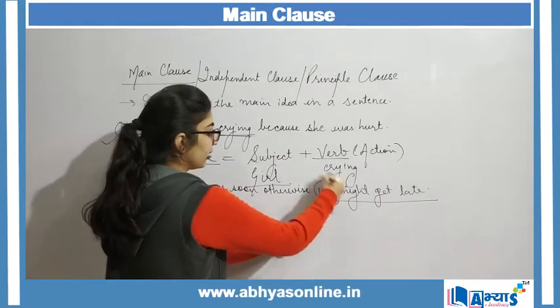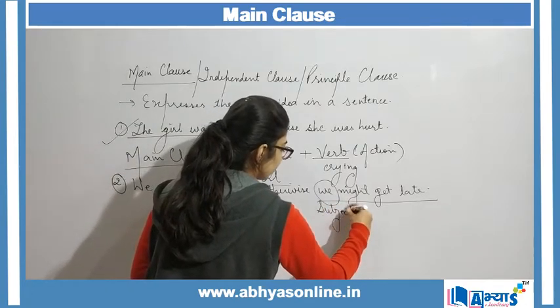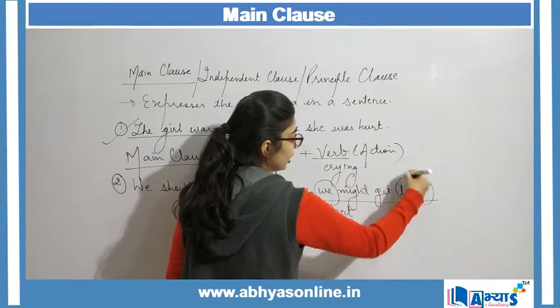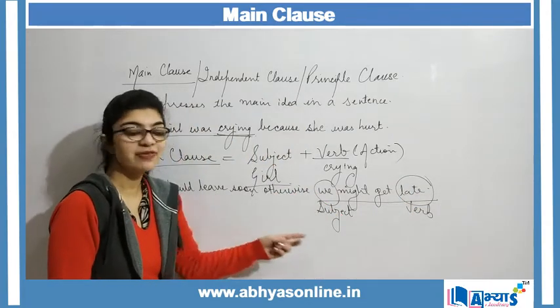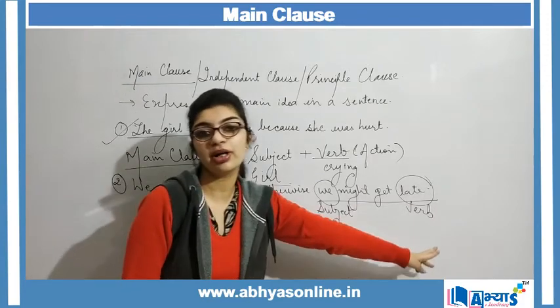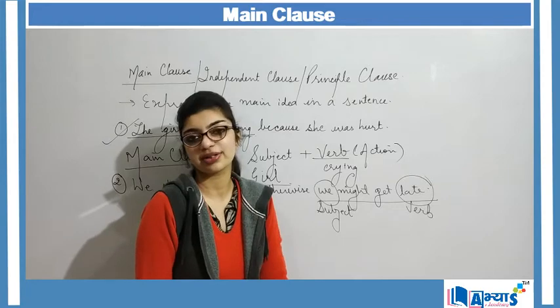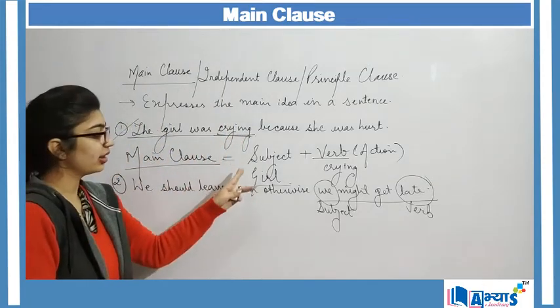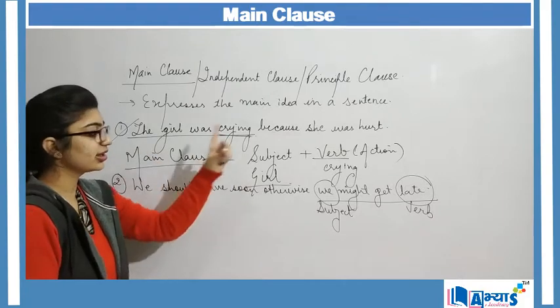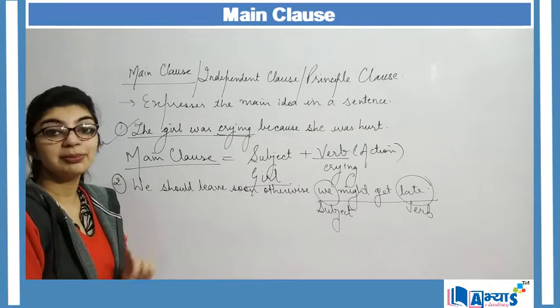We over here is my subject and late over here is my verb. And in my clause, if I get a subject and a verb, which means that this clause is my main clause. Even over here, in the girl was crying, I get girl as my subject, crying as my verb. I know that this is my main clause.